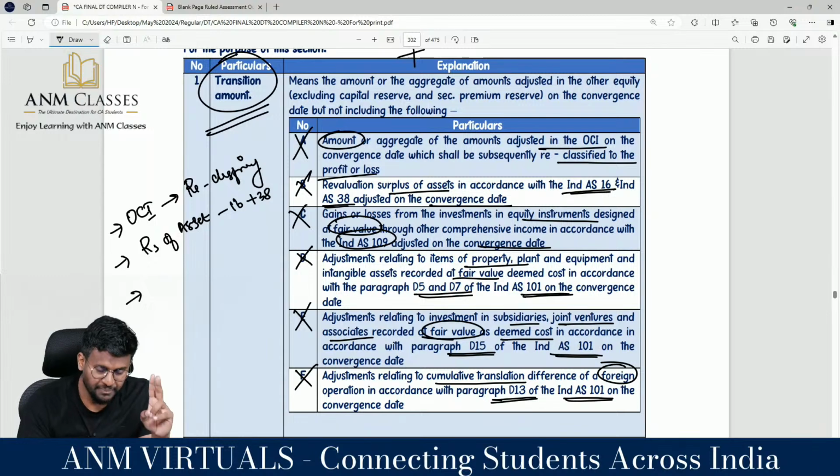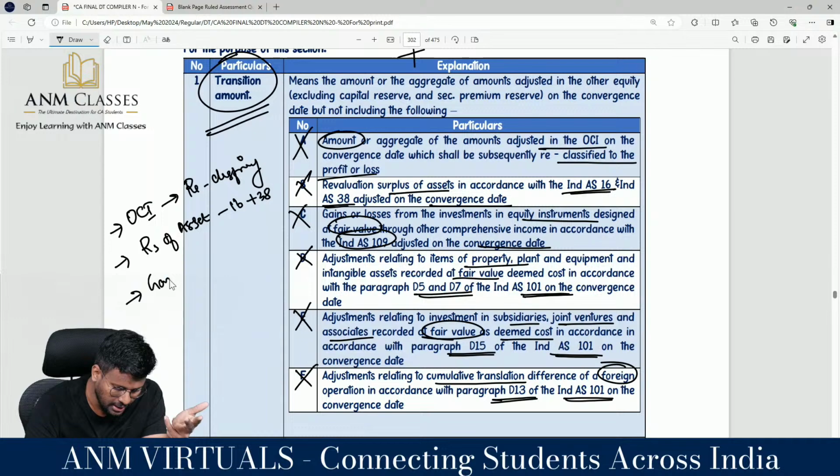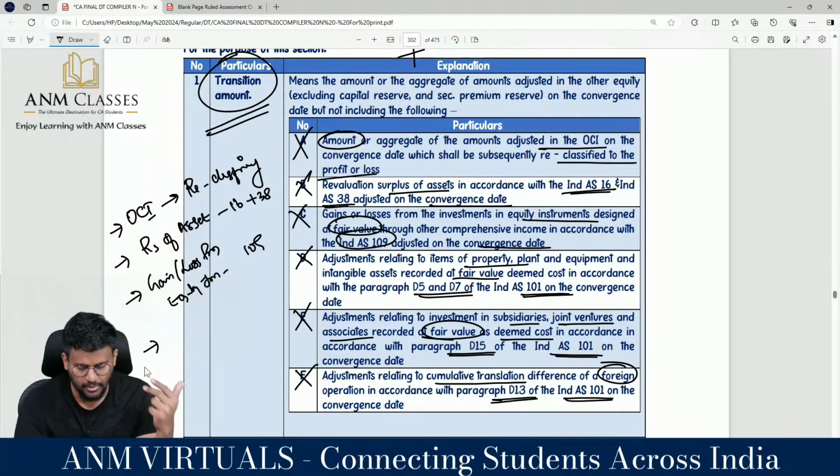Then number 3, gain or loss from investment in equity instrument as per Ind AS 109.